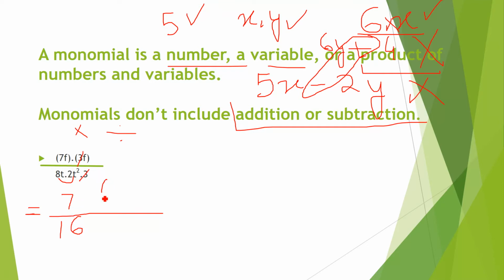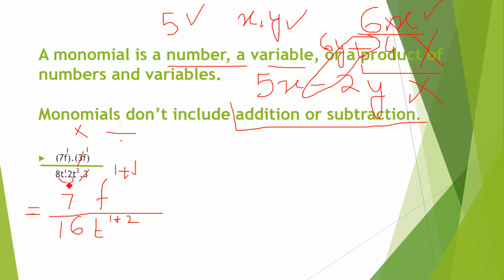F. There are two f. So always keep in mind, when we multiply or divide, you have to add the powers. So this f has one power. If there is no power or exponent, it means 1. So 1 plus 1. On the bottom, the denominator, we have the t variable. This t has exponent 1, and this one has 2, so we will write down 2.